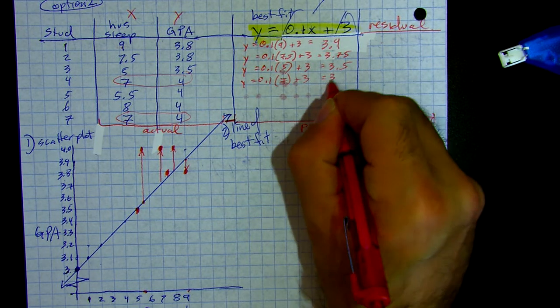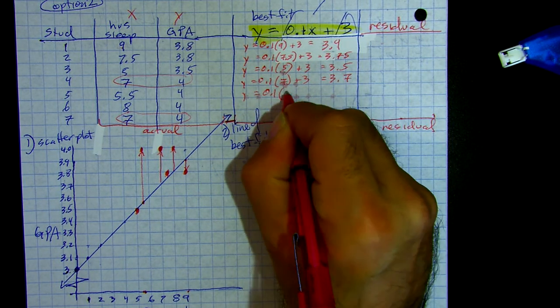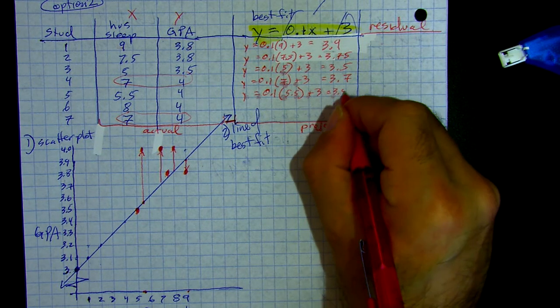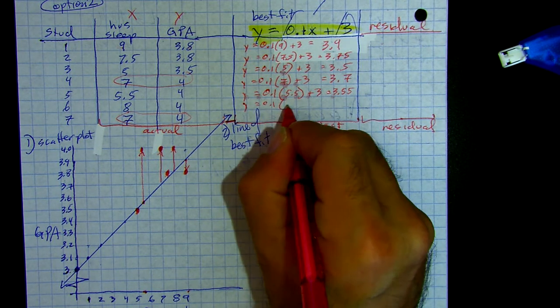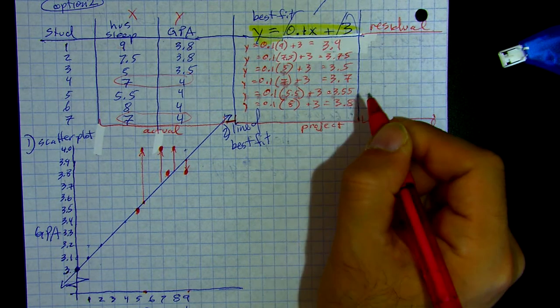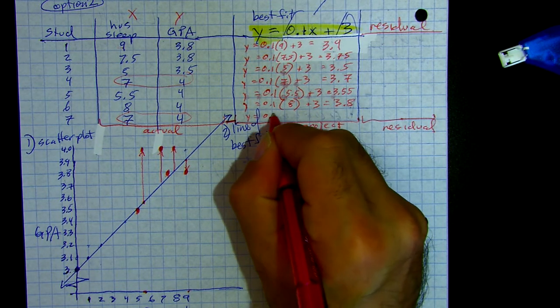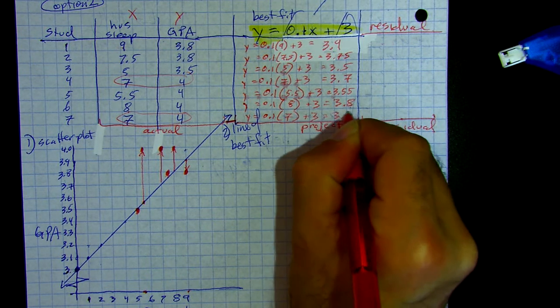It's going to be 3.7. y equals 0.1 times 5.5 plus 3. That's going to be 3.55. y equals 0.1 times 8 plus 3, 3.8. And this one was the same as that one. 0.1 times 7 plus 3, 3.7.